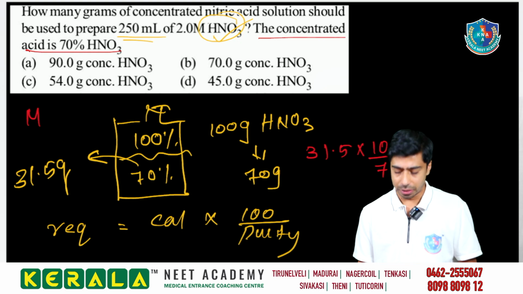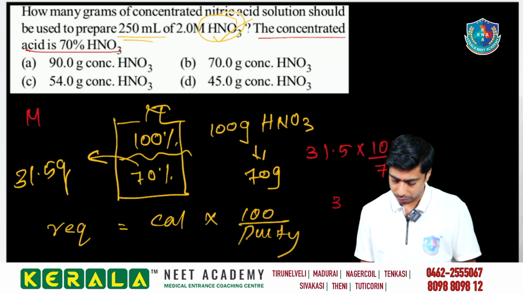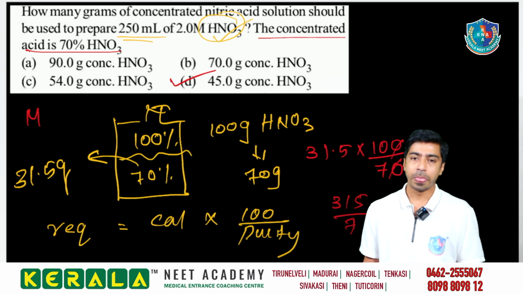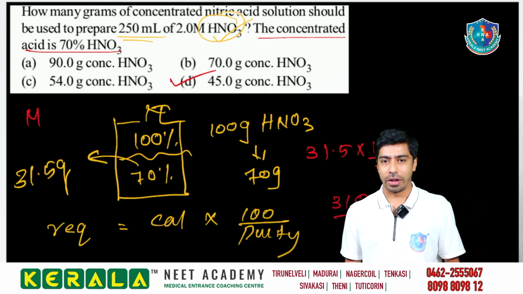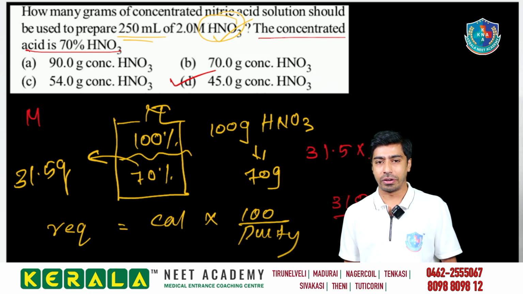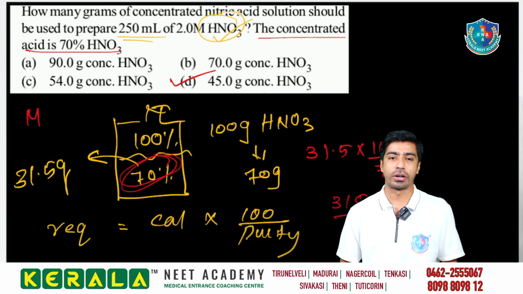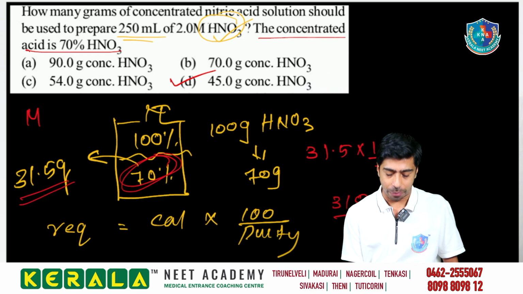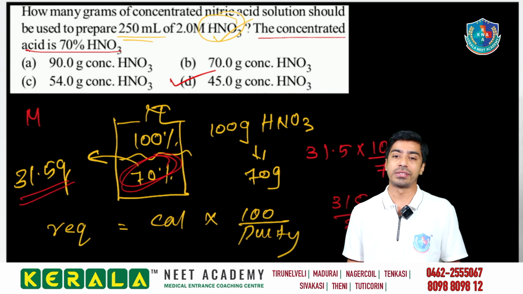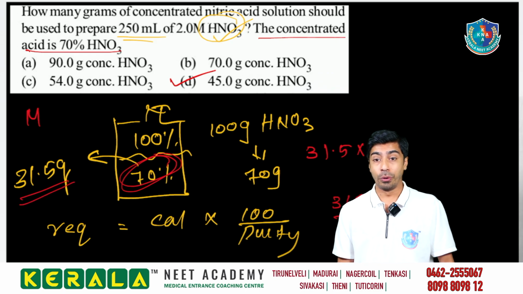Then it will be 315 divided by 7. So the answer is 45. That means if you take 45 gram of nitric acid from this bottle, actually we are getting only 31.5 gram of nitric acid, because it is only 70% pure. So purity must be considered.